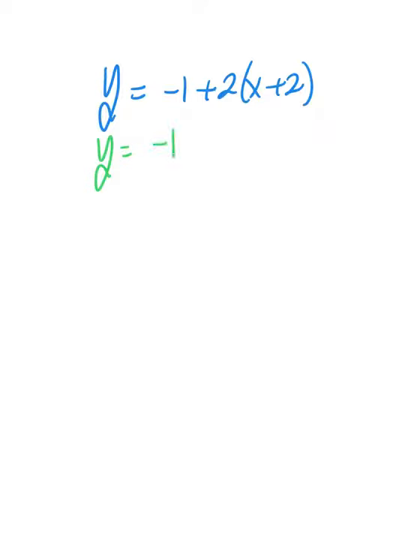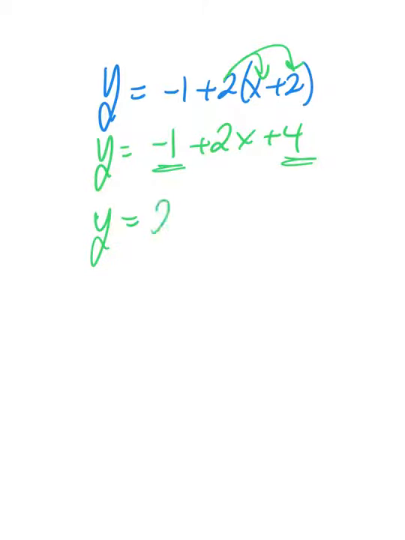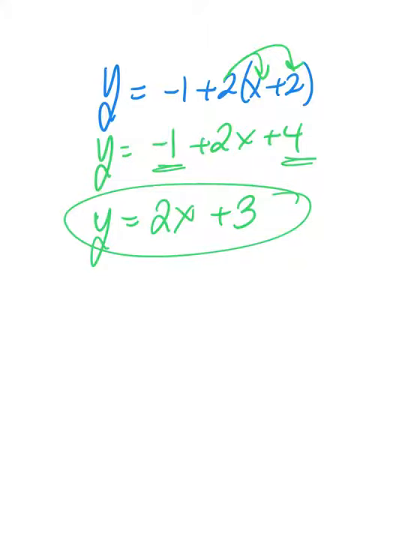The negative 1 drops down, and then I'm going to distribute the 2. So plus 2x plus 4. Got the 4 from 2 times 2. Combine like terms. So my slope is still 2 because of that 2x, plus 3, because negative 1 plus 4 is 3. Boom. I now have this in y-intercept form. And now I know my y-intercept is 3.